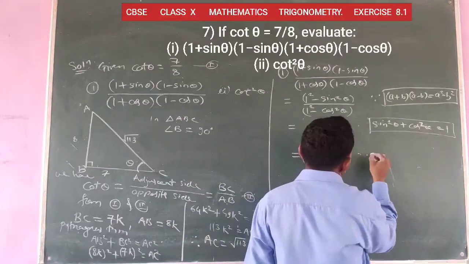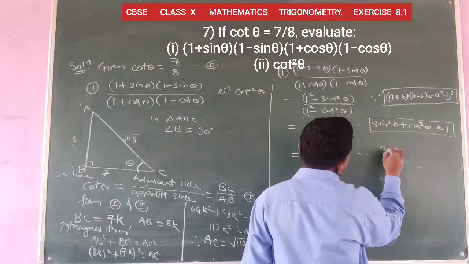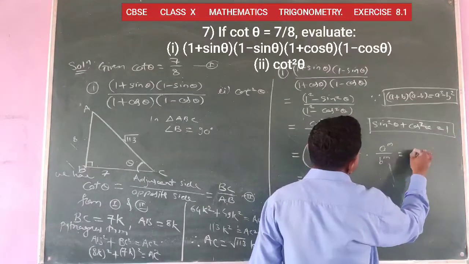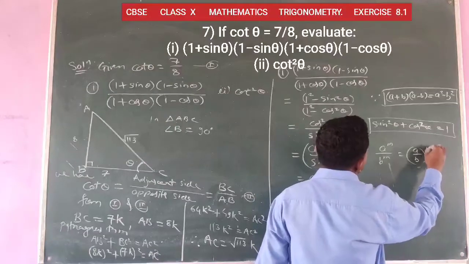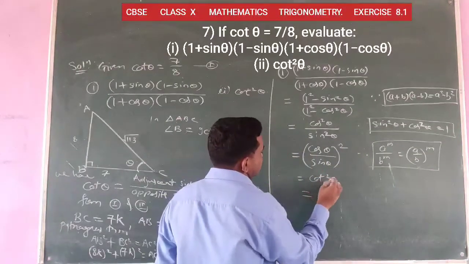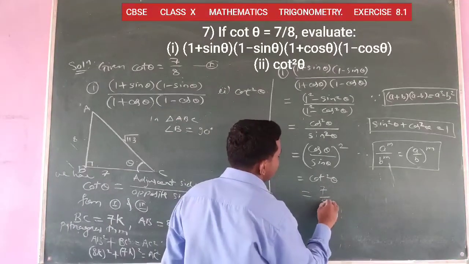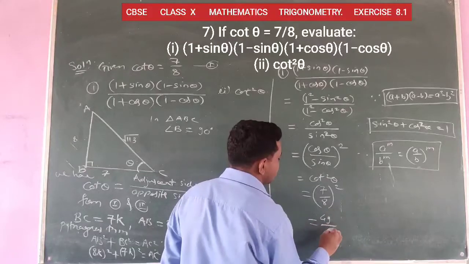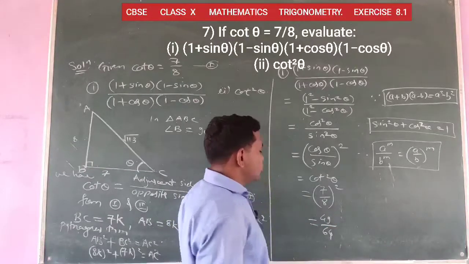Here the formula is a raised to the power m upon b raised to the power m is equal to a upon b whole raised to the power m. So this formula is used, and cot theta is equal to 7 upon 8 whole bracket square, and the answer is 49 upon 64.